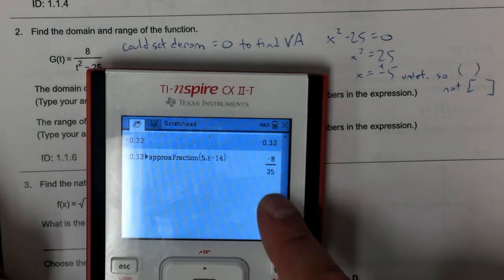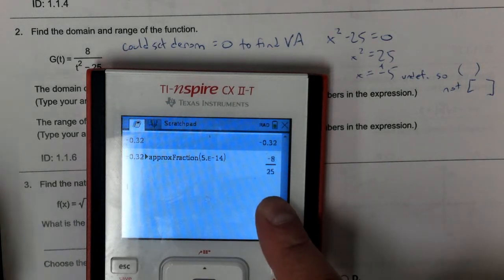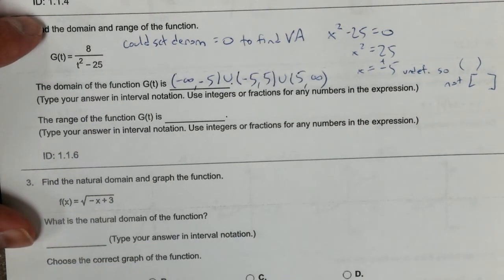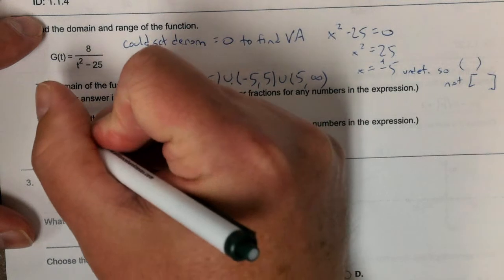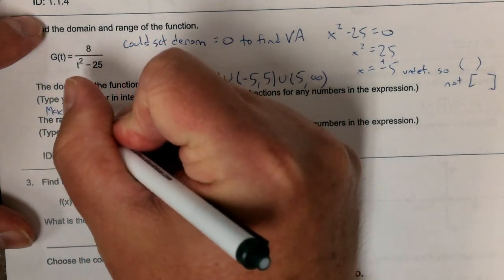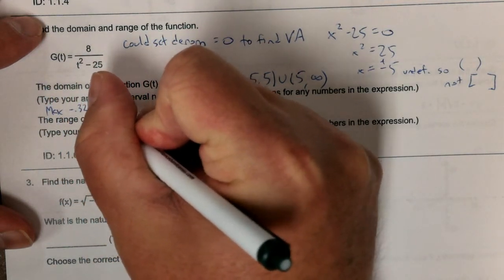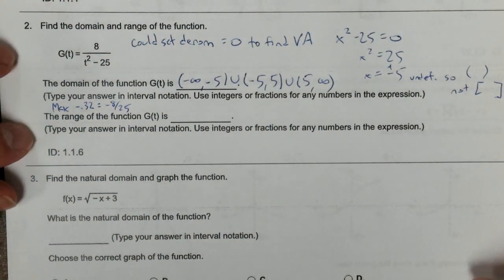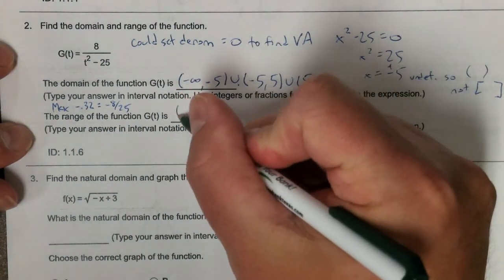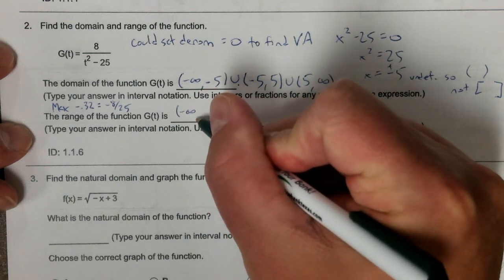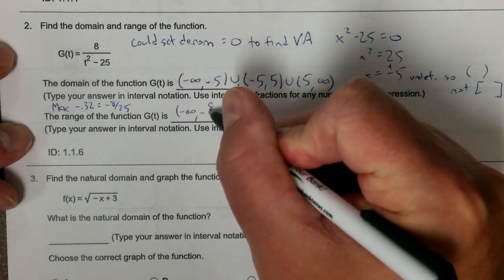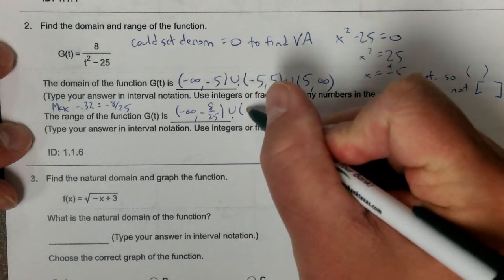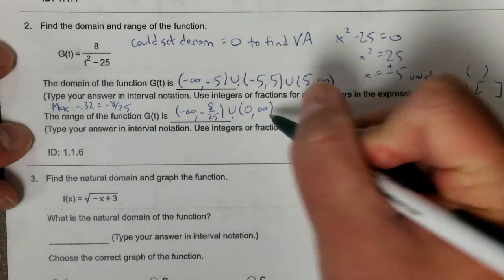And when I approximate that to a fraction, it's negative 8/25. Okay, so that was our maximum. And so on that, we go from negative infinity to negative 8/25 union 0 infinity.